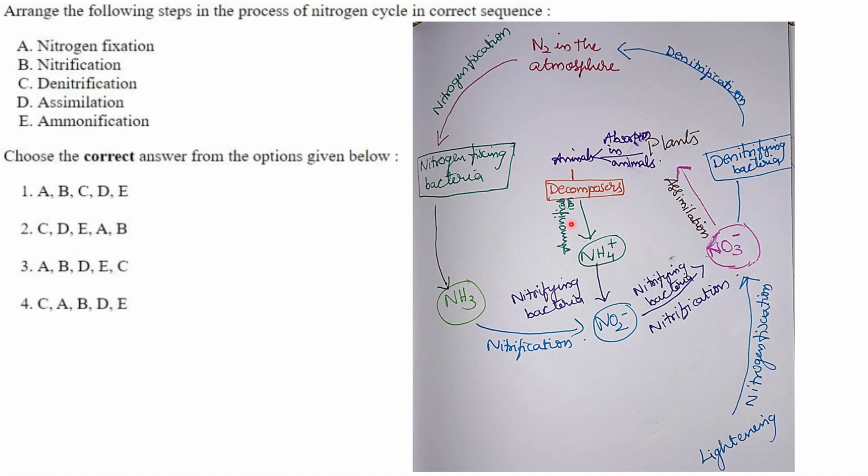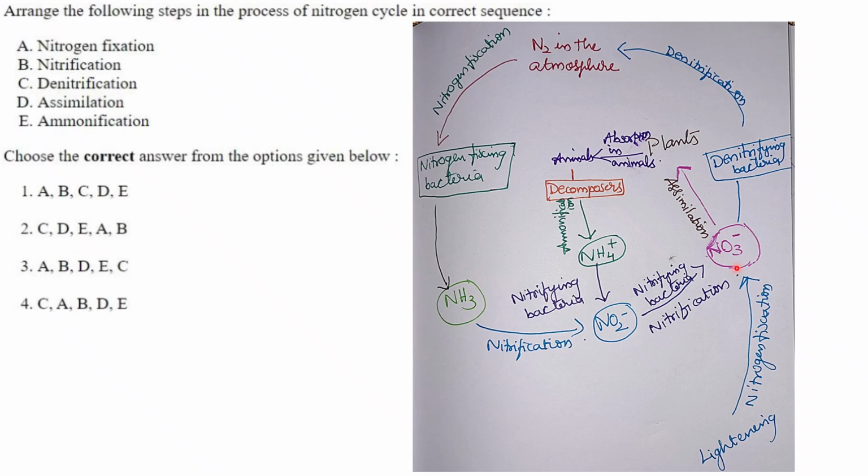Okay, so first nitrogen fixation, then nitrification, then assimilation, then ammonification, and then finally denitrification, that is by denitrifying bacteria, where the nitrates are converted to nitrogen of the atmosphere, and thereby the nitrogen cycle is completed.